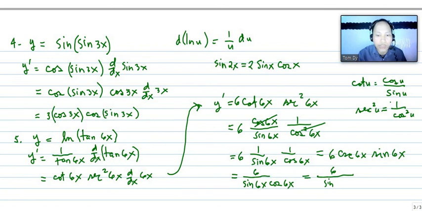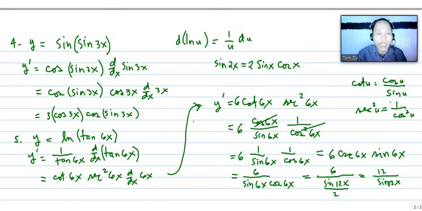So for this case, if this is 6x, then you will have 12x divided by 2. We have here 2 over 2. So 2 will be transferred here. So 2 times 6, that is 12. That is 12 over sine 12x.